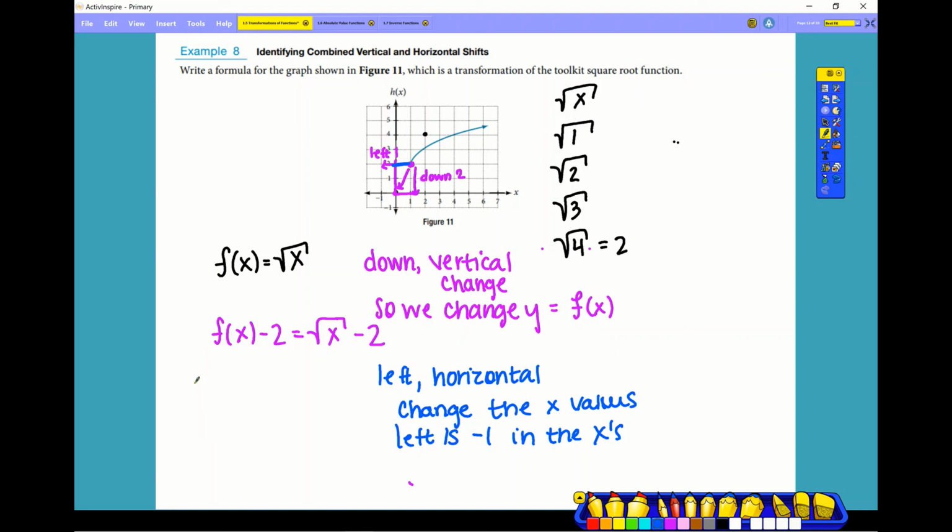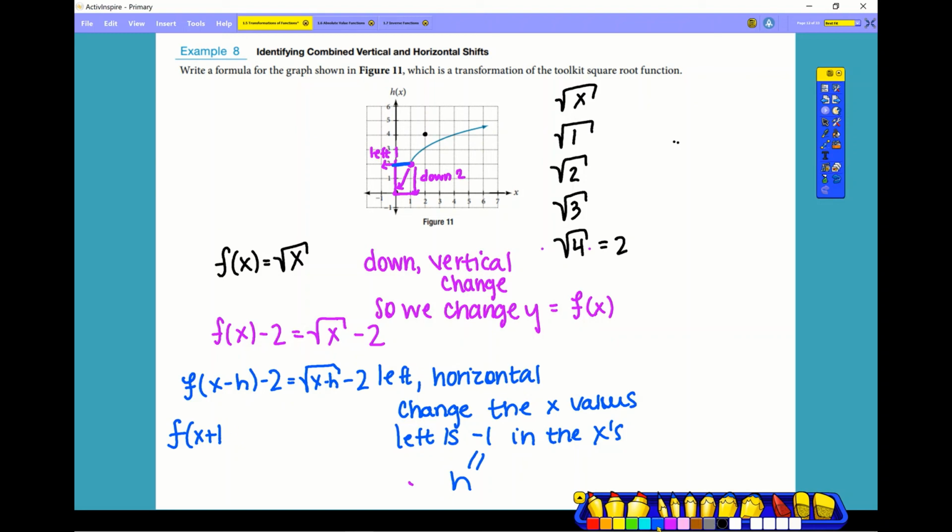Now, since we have f of x minus h, minus 2 now is what we're doing. So if our h is equal to negative 1, and we're going to now have double negatives, it's going to become f of x plus 1.